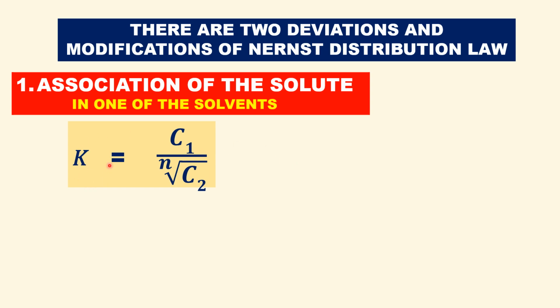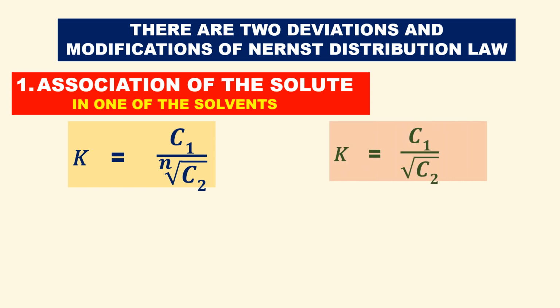So the Nernst distribution ratio K equals C1 by nth root of C2, where C1 is the concentration of solute in phase 1 and C2 is the concentration of solute in phase 2.